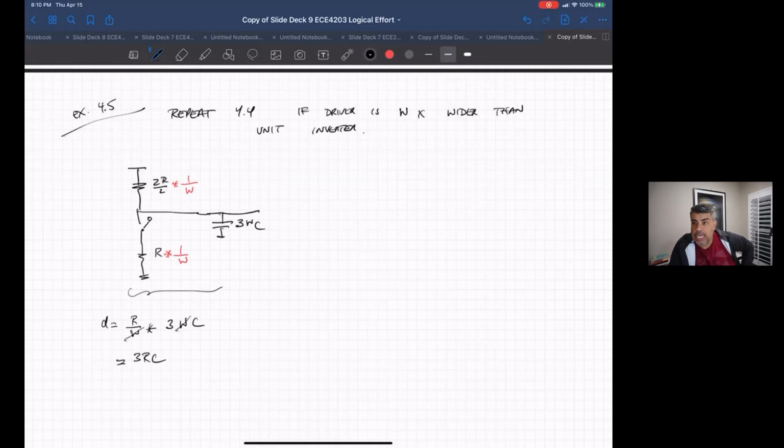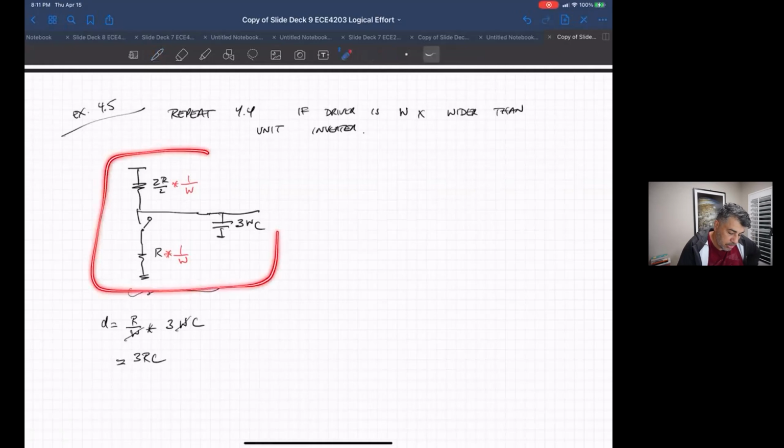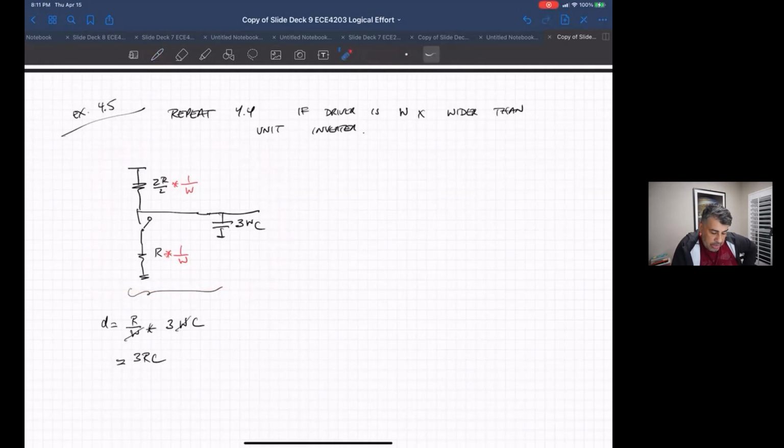That self delay stays the same. It's not doing you any good with your own delay, but it helps you drive the next stage. So this was what we had for the delay of itself.